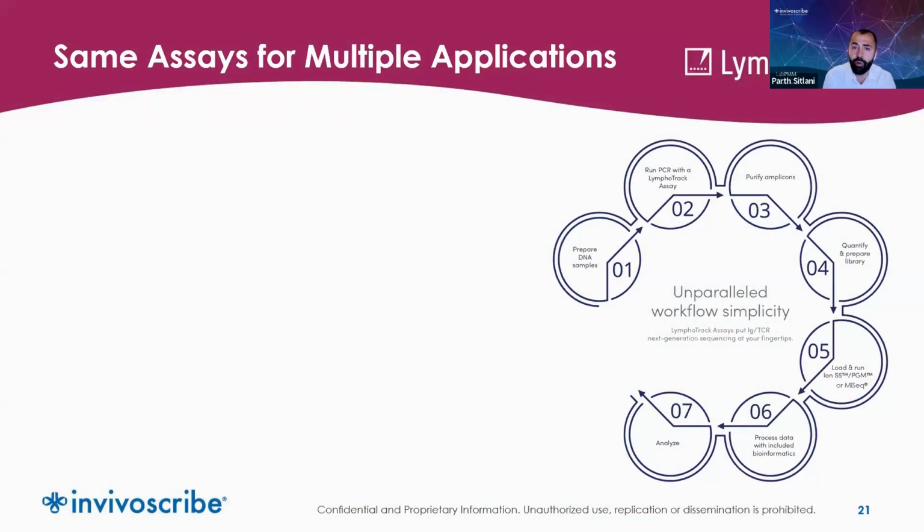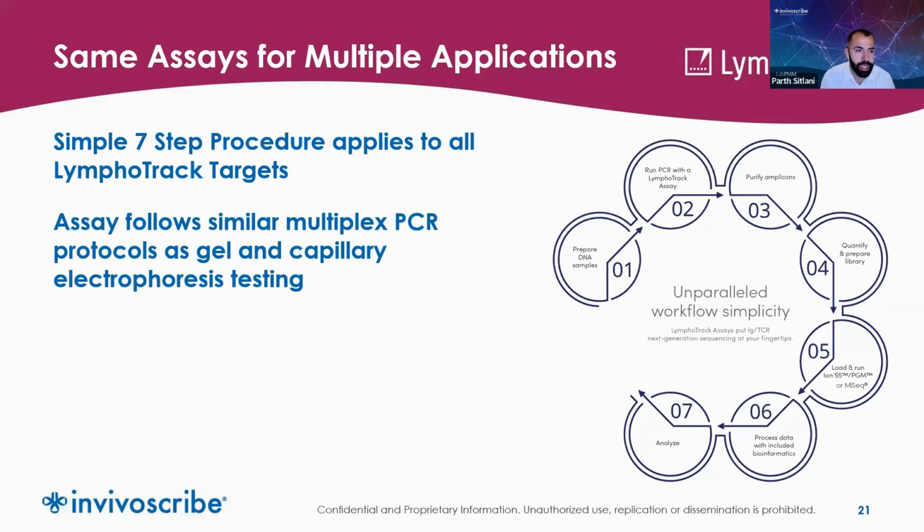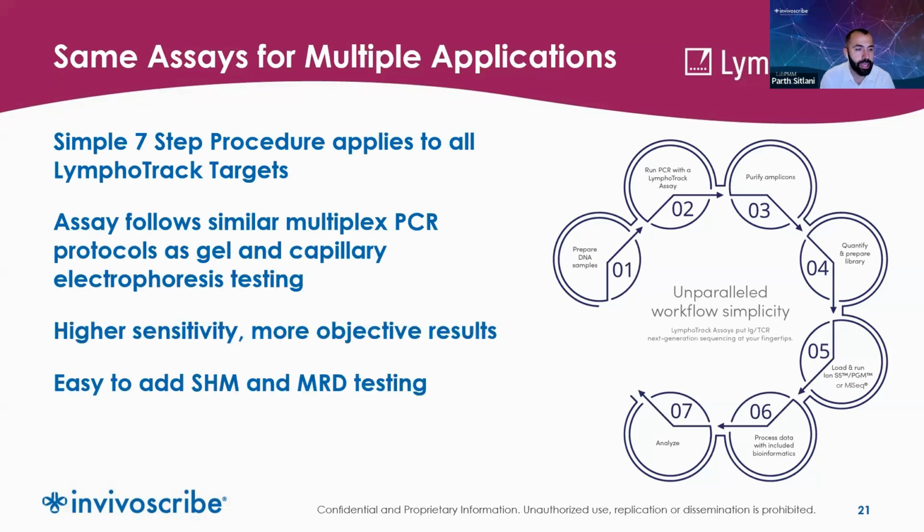These are assays for clonality testing, somatic hypermutation, as well as residual disease testing. All of the assays do follow the same 7-step procedure. They do still use multiplex PCR, so they are very similar to the gel and electrophoresis process. They have higher sensitivity, though, than those results, and they are much easier to interpret. And it is much easier to add on somatic hypermutation and MRD testing.